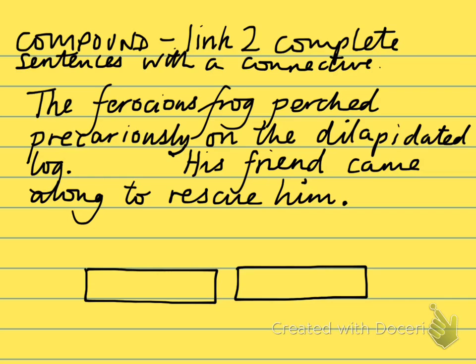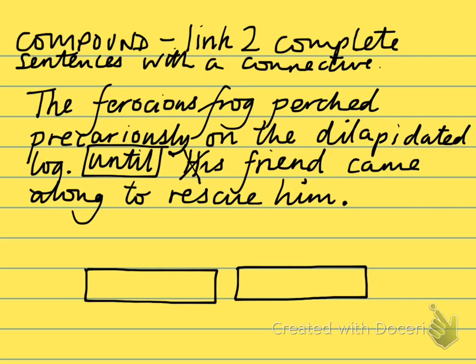Okay, let's change it into a compound one first. We're going to link two complete sentences with the connective. The original sentence, the ferocious frog perched precariously on the dilapidated log. We're going to link it to his friend came along to rescue him. So I'm going to put in until. There's our connective.